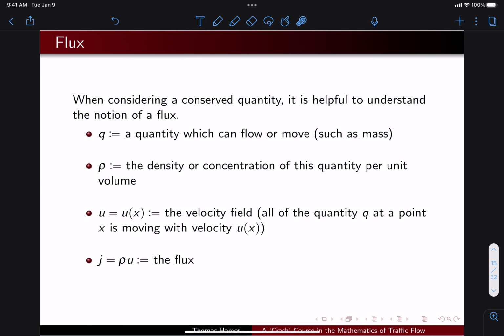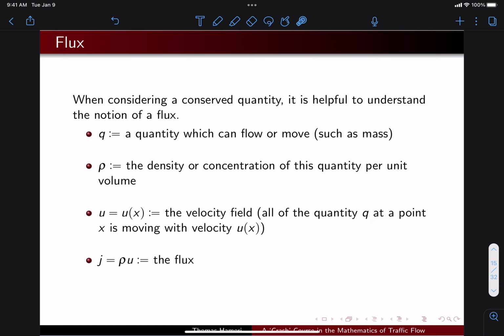All right. So, okay, before we talk too much about conservation laws, I want to talk about the notion of a flux. So what is a flux? Well, you might have heard of like we're having an influx of this or an outflux of that. What it means is it's going to describe the rate at which something is entering or exiting a system, right?